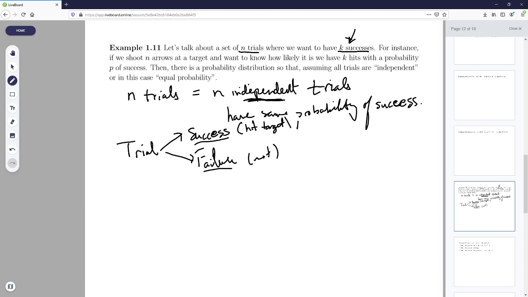The idea here is that either we have success or failure. Each one of them has the same probability. Let's call that probability P for the probability of success. This is called the binomial distribution.